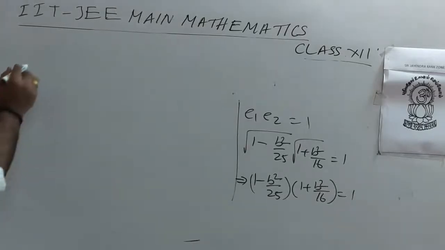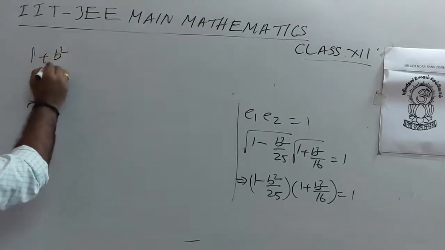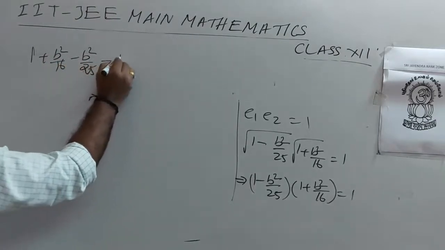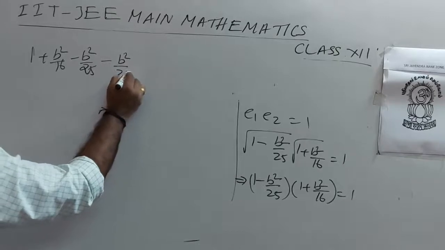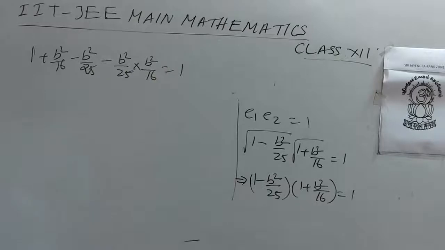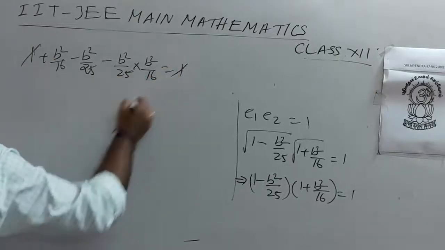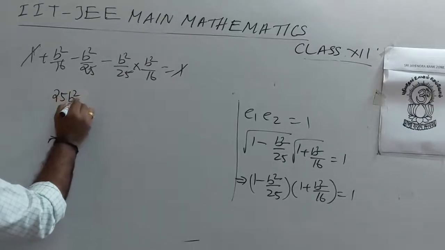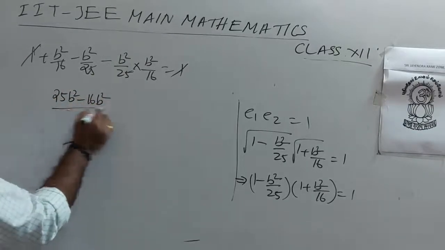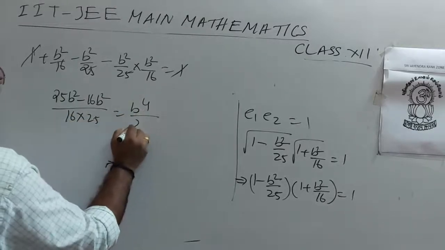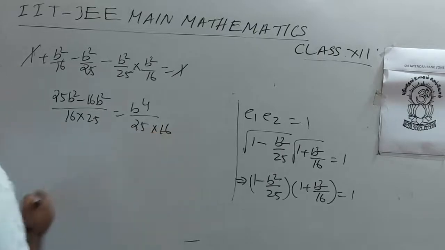So multiply first: 1 plus b square by 16 minus b square by 25 minus b square by 25 into b square by 16 equal to 1. This will be cancelled. 25 b square minus 16 b square by 16 into 25 equal to b power 4 by 25 into 16.